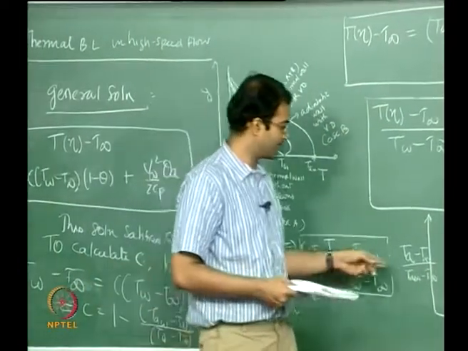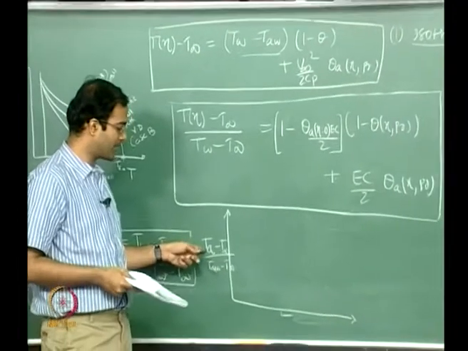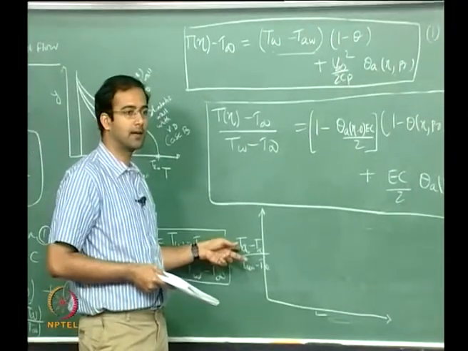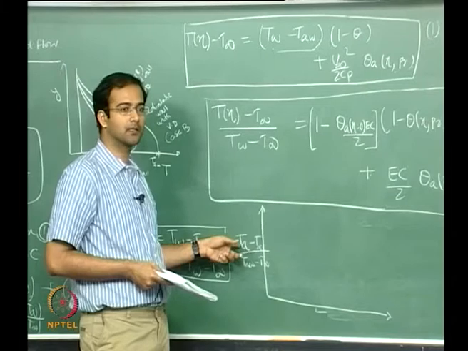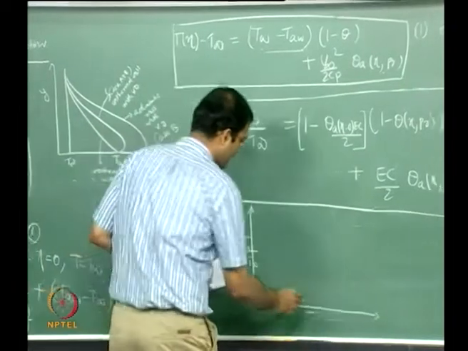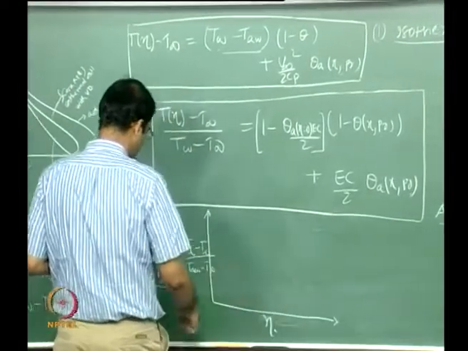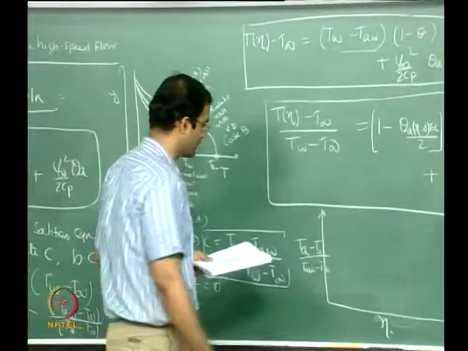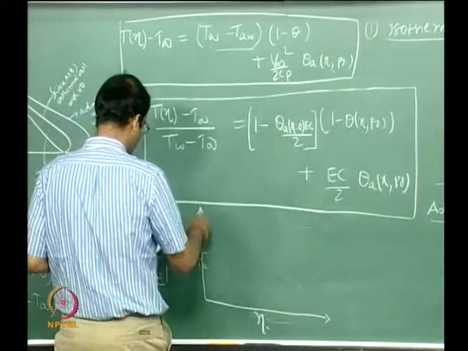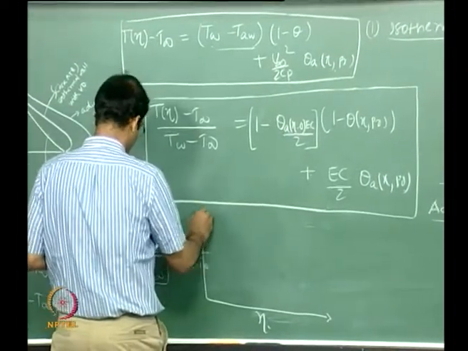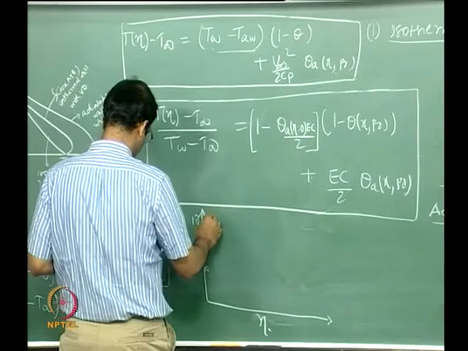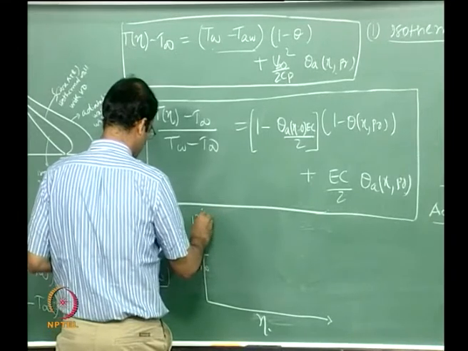So at y equal to 0 this becomes T adiabatic wall, it becomes 1, at y going to infinity this becomes 0. On the x axis you have eta, so for large values of eta this becomes 0, and at eta equal to 0 this becomes 1. It starts from 1 and you will see the solution.